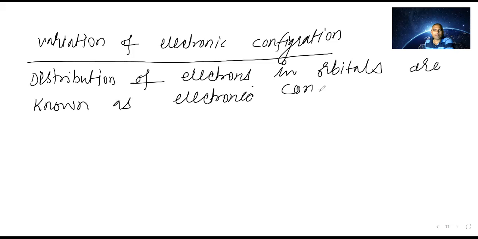How many electrons are distributed in the various orbitals is known as electronic configuration. This is the meaning of electronic configuration.